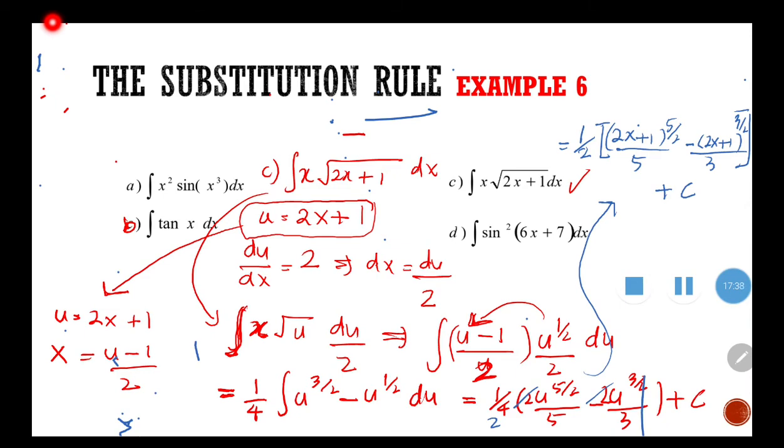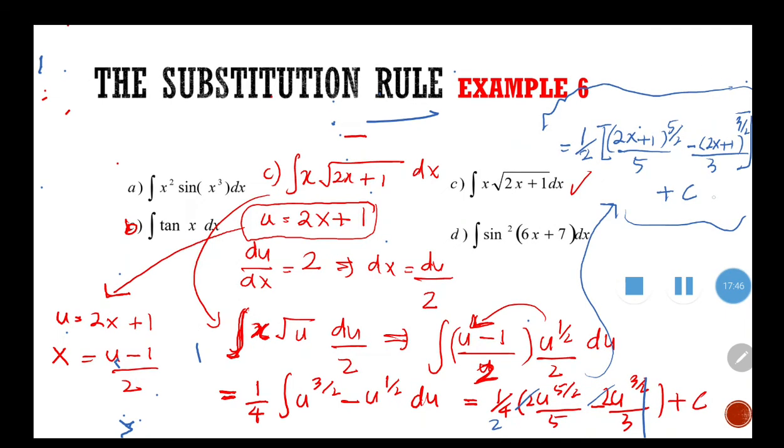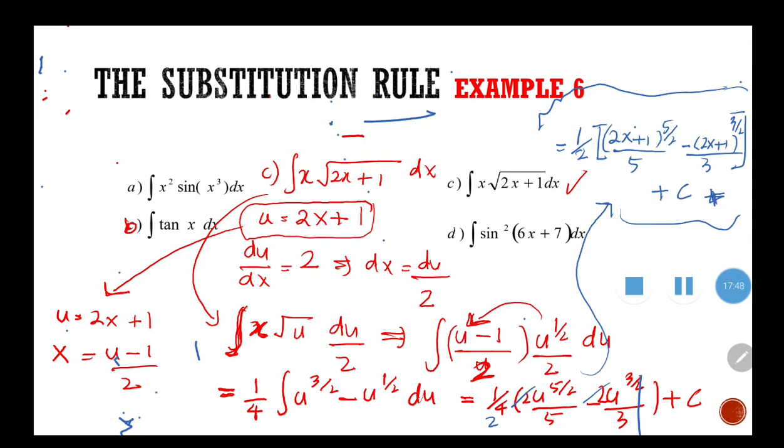Alright, so hopefully all of you understand. You can try doing it again and check your answer, will you get back the same as what I got here. Alright, so now let's proceed to D.